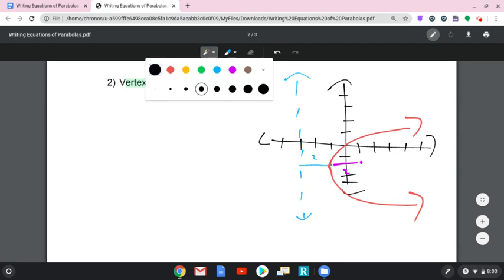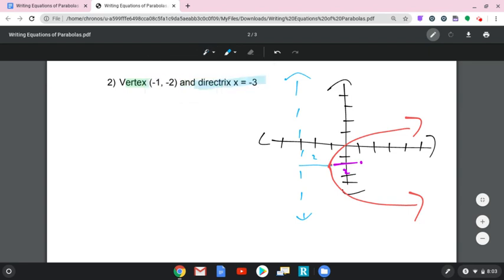If I'm looking at a side-to-side parabola, I'm going to use the equation y minus k squared equals 4p times x minus h. We know our h and our k.